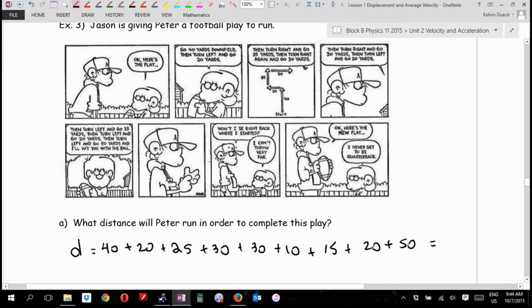I can do this in my head. 40 and 20 is 60, 85, 115, 145, 155, 160, 170, 190, double check me, 240? Yeah? Okay. I can do math in my head.